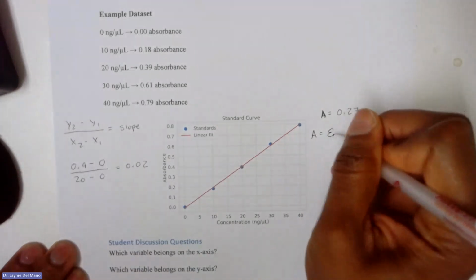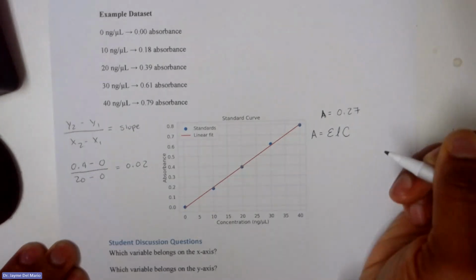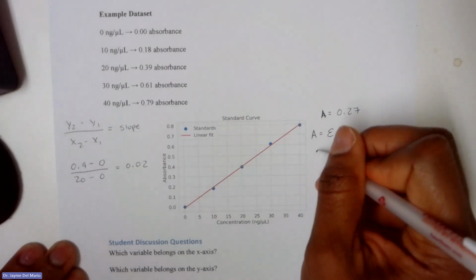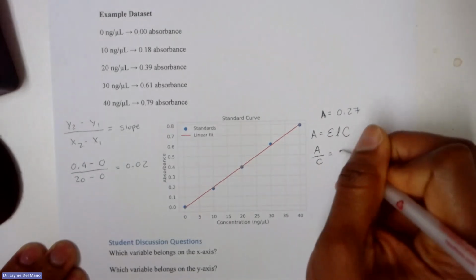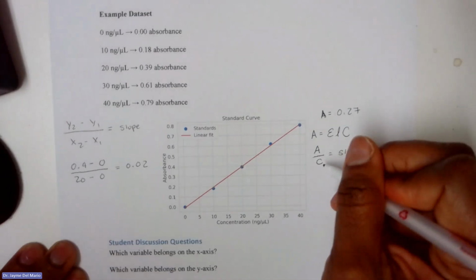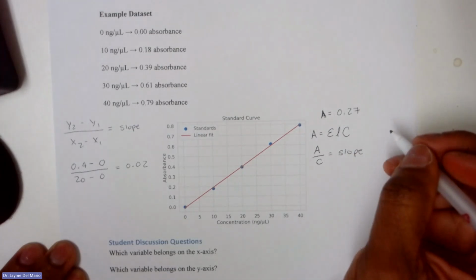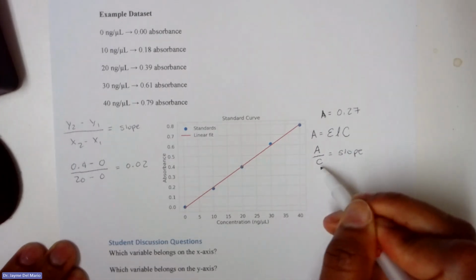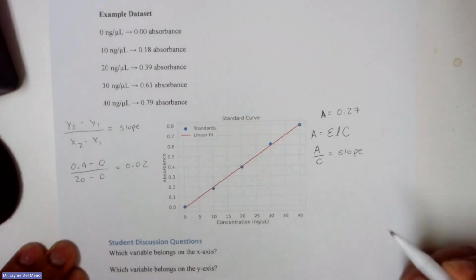Now, I also want to acknowledge an equation that we should definitely be aware of, and that is absorbance equals epsilon times path length of light times C, which is the concentration. The other thing I want you to be aware of is that the absorbance over C is actually equal to my slope, okay? And since A over C is equal to my slope, I can find my concentration value just by already having my slope and inputting my absorbance value.